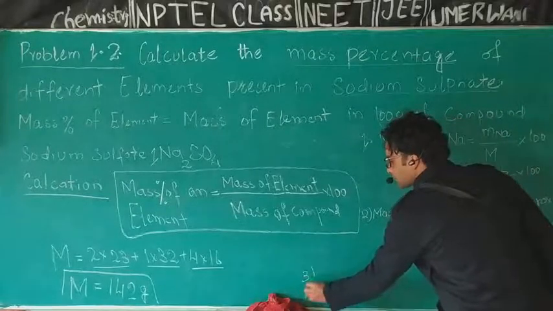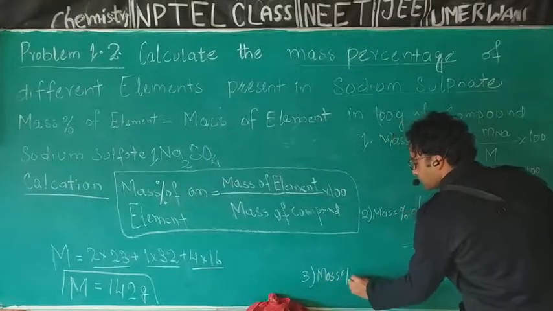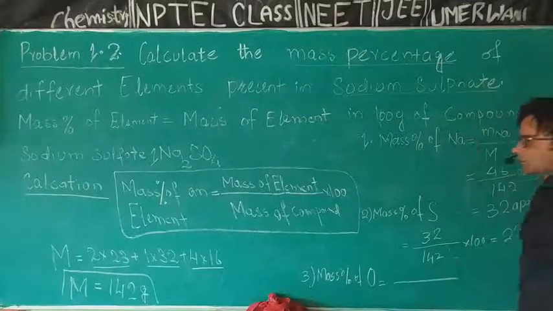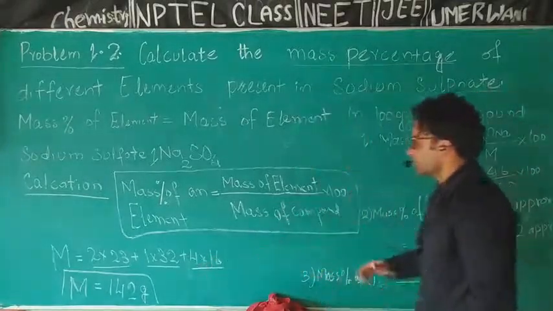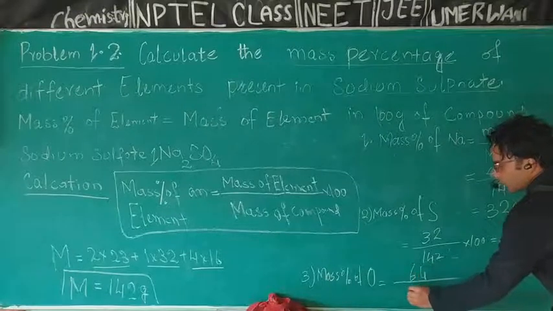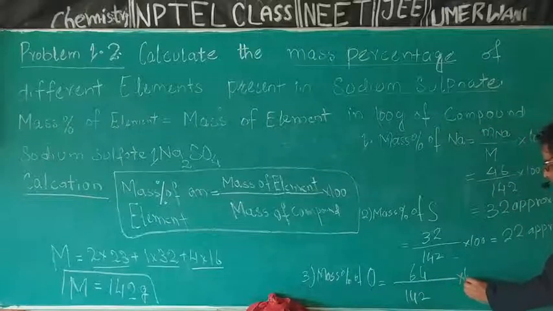At last we will calculate the mass percentage of oxygen. It will be equal to the contribution of oxygen in terms of mass, which is 4 into 16, that is 64, divided by 142 multiplied by 100.